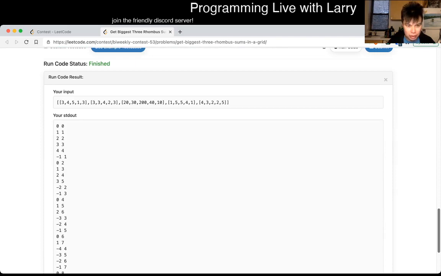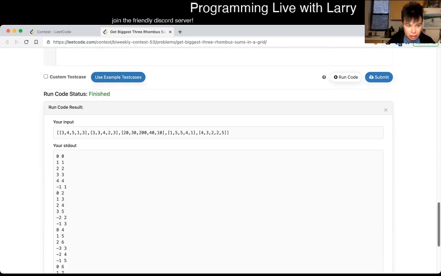O2 should never come into play here. O2 is equal to 1, -1.